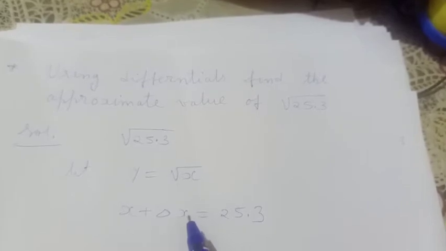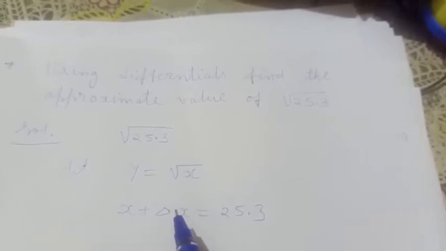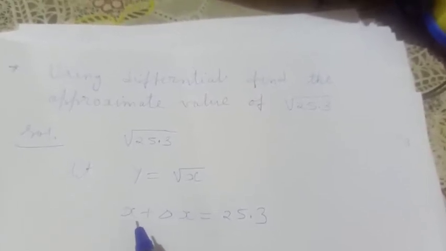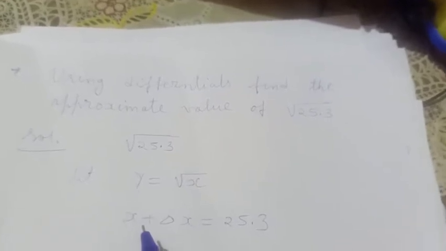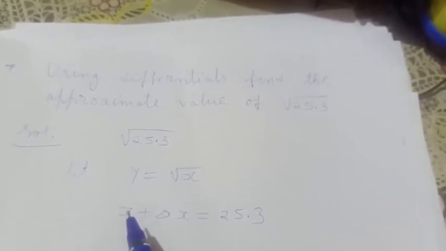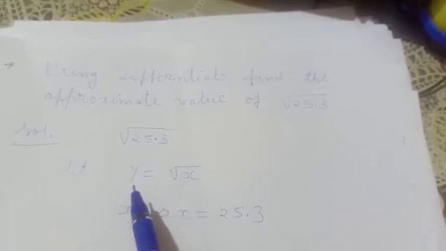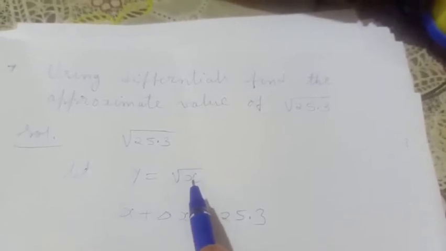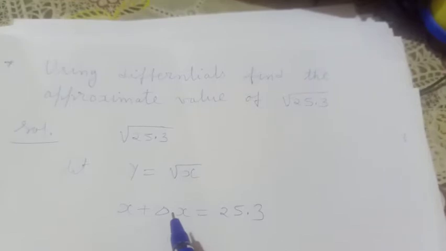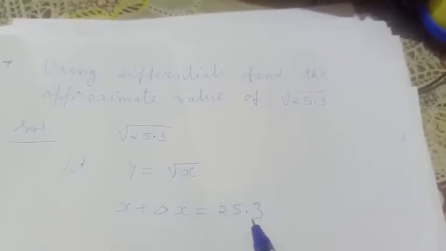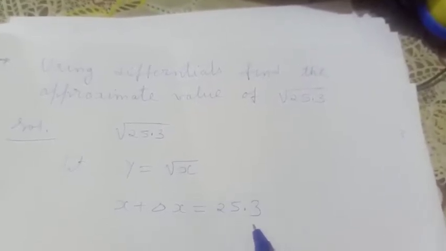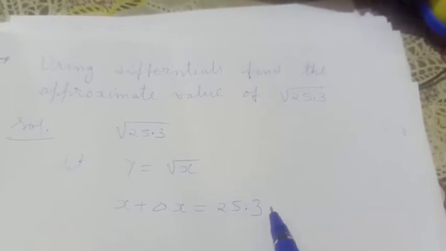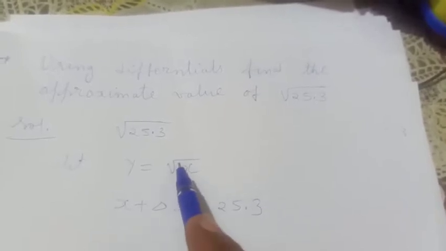Remember, delta x must be very small in comparison with x, and we will set the value of x by the property of y, that is root x here. So is there any number in the vicinity of 25.3, or nearby 25.3, whose root is possible?